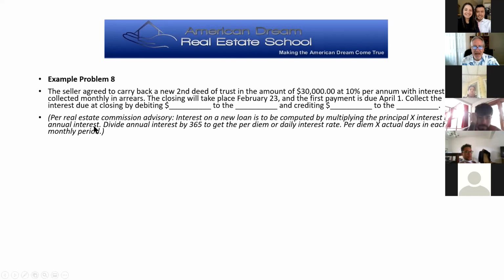So far that's the same, but here's where the difference lies. Now we take that annual interest and immediately divide it by 365 to get the daily rate. So we don't divide by 12 and then by the number of days in the month like we did on an assumption. We immediately get to the daily rate by dividing by 365 once we get our annual interest.